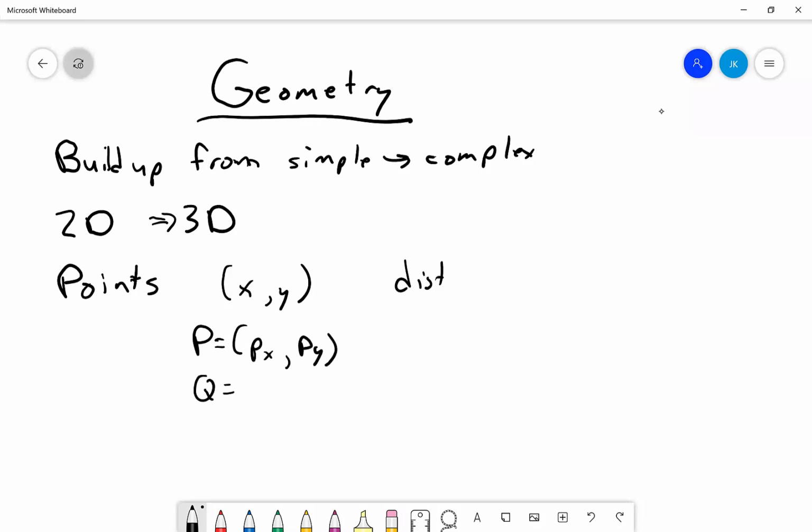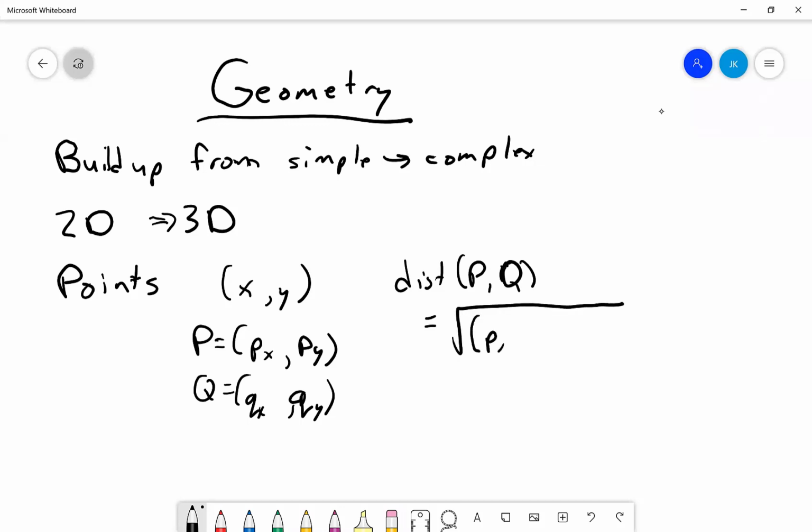And if I've got a point Q, I might write it as Qx and Qy.